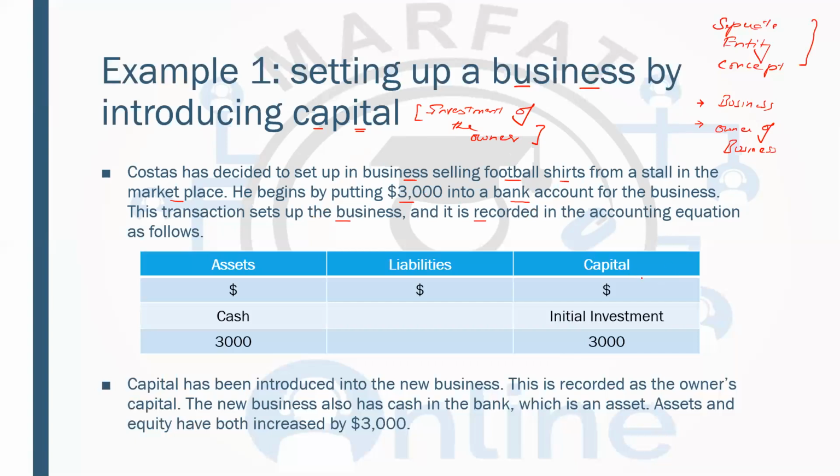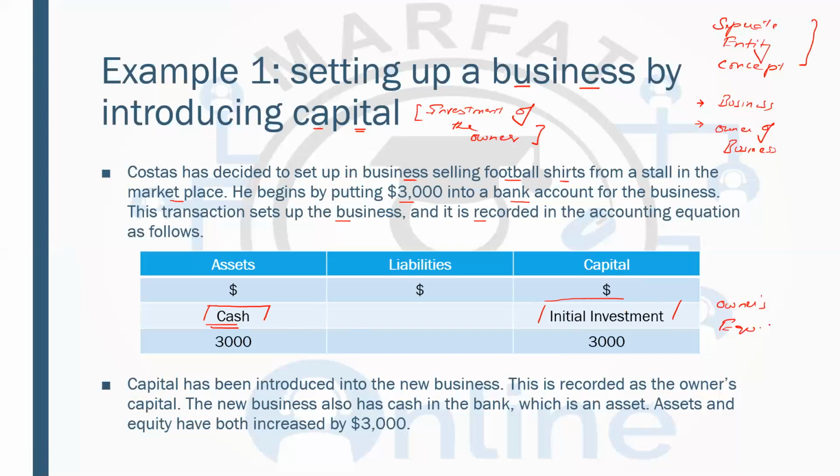This is going to be recorded under the capital because this is the initial investment. And this initial investment is in the form of cash, and cash represents the assets. So this cash in the business, which is $3,000, is actually the owner's equity.